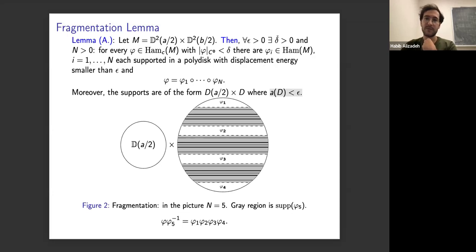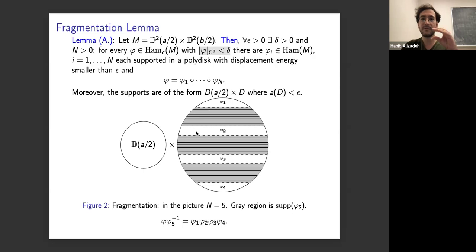And just one thing: what is this delta? How small should phi be, so that I can do my extension lemmas on each of these gray strips? Well, the only thing you need is that the image of these small strips, which are bounded by these two bold lines, under phi is contained inside the bigger gray strip.